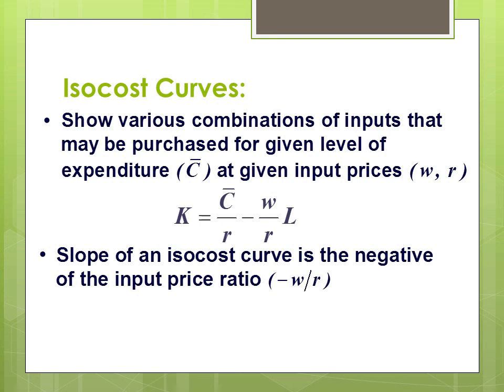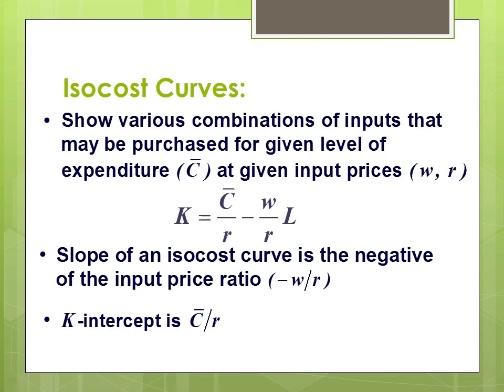We can get this equation from the budget line equation, C equals rK plus wL, and by solving this equation we get K equals C over r minus w over r times L. C over r represents the intercept of K, and minus w over r represents the slope of the isocost curve, which is negative.